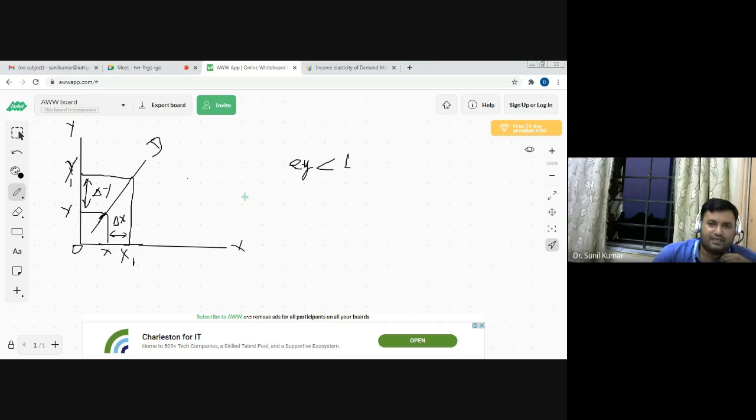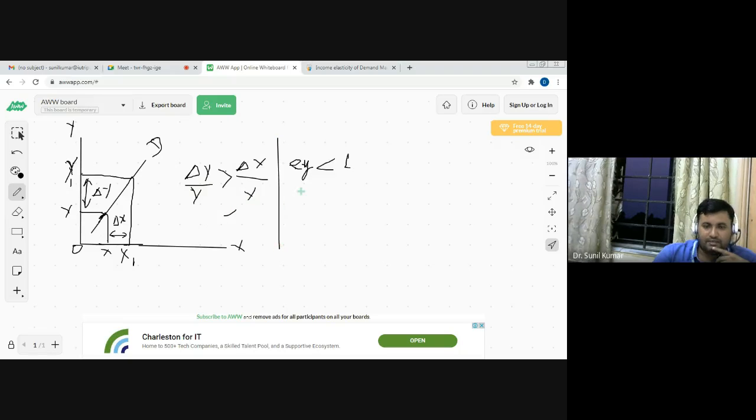That's why we can say that delta y upon y is greater than delta x upon x, or we can say that EY is less than 1.